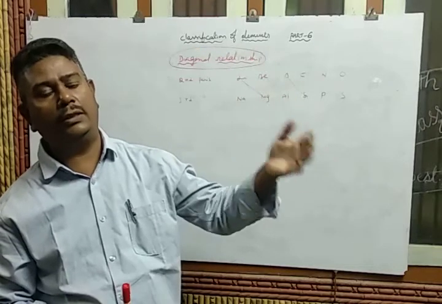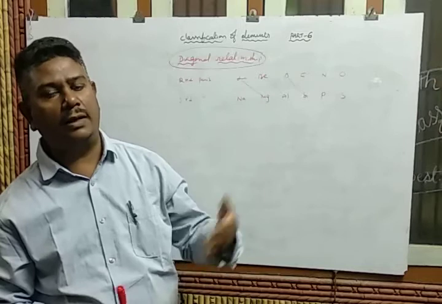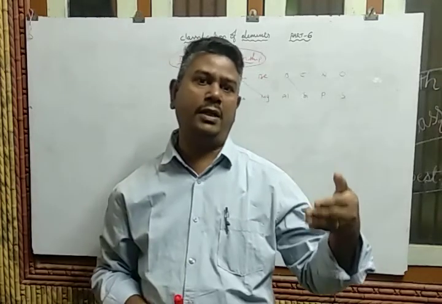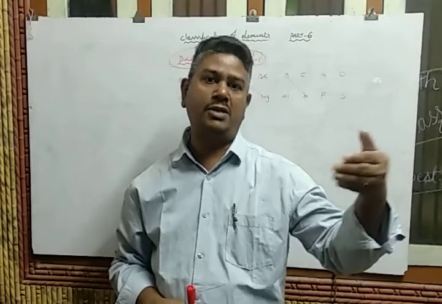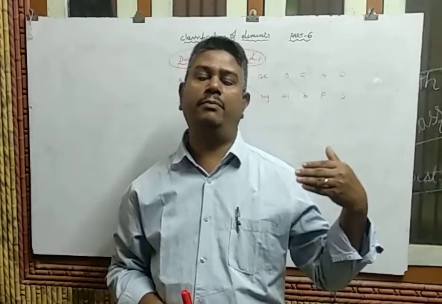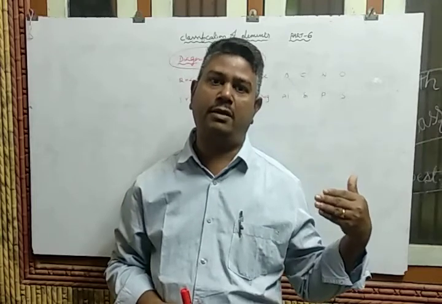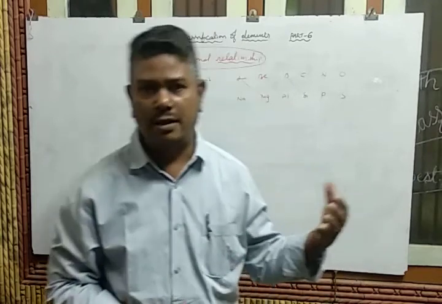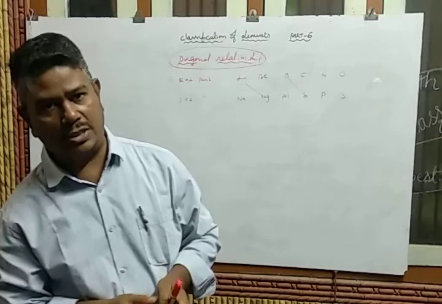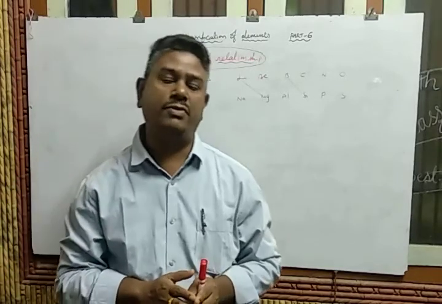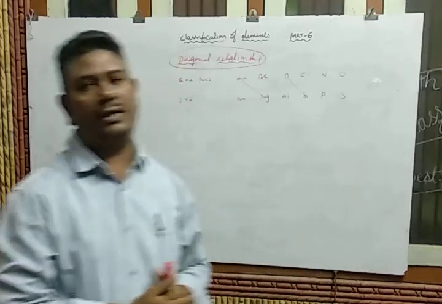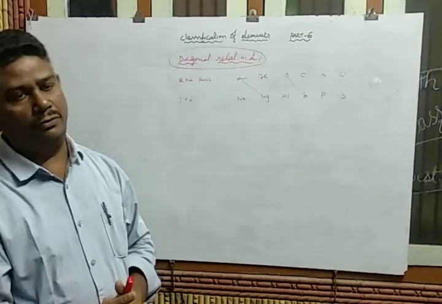Then the periodic properties: atomic radius, ionization enthalpy, electron gain enthalpy, electronegativity, oxidation states and valences, metallic and non-metallic character, nature of metallic and non-metallic oxides, and finally the diagonal relationship. That is the total lesson we discussed previously and in today's session. That is the completion of the second unit in first year, periodic classification of elements. Okay, we will see you in the next video.